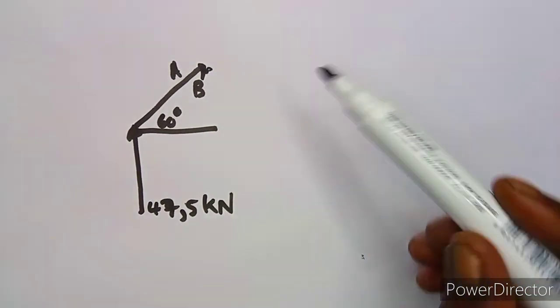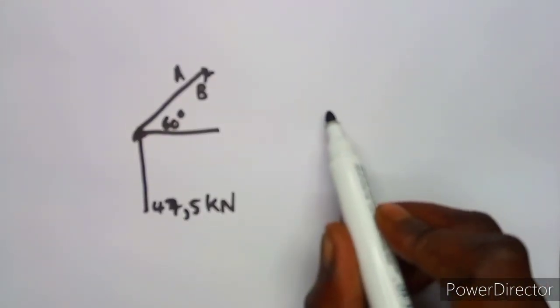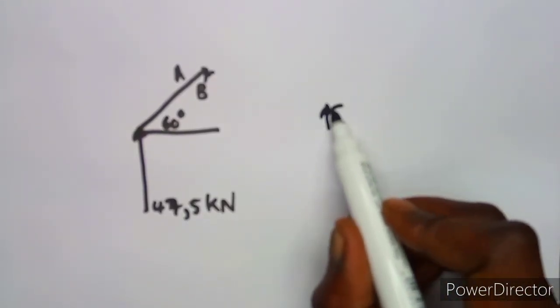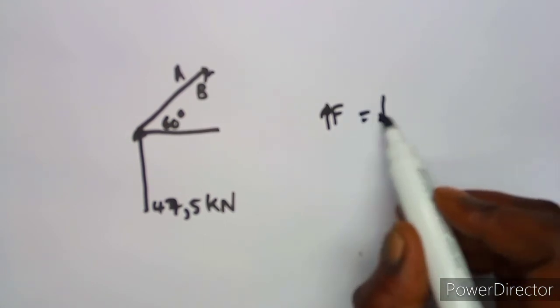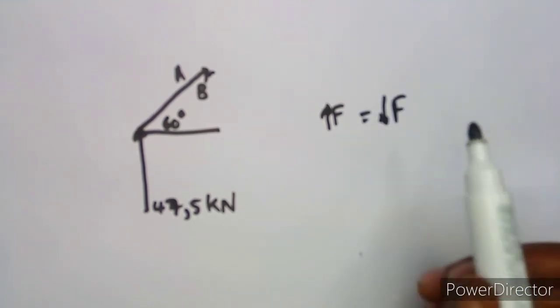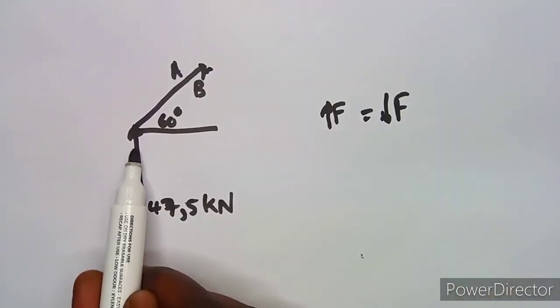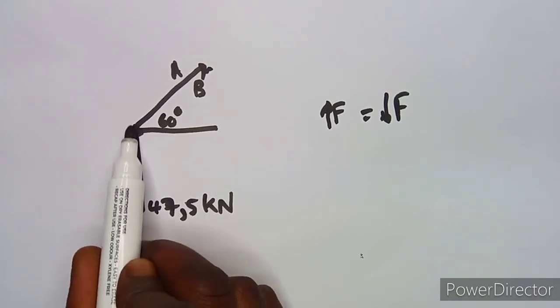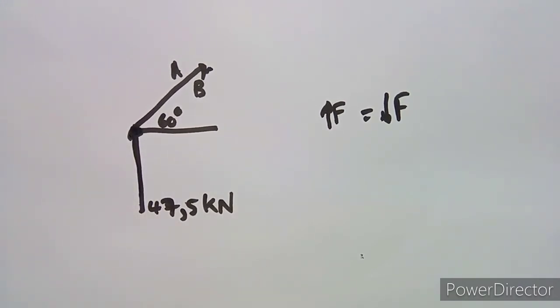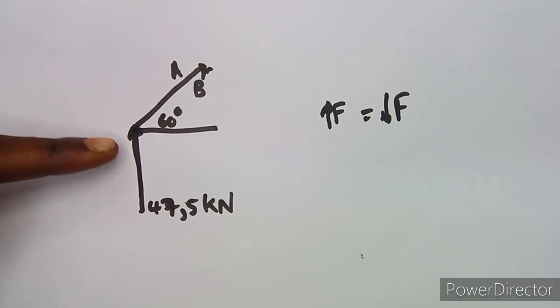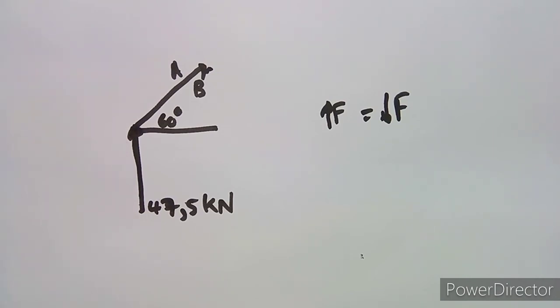Remember, the vertical part is the one that gives us upward forces equal to the downward forces. Remember the concept. So in this case, this is the one that is going up. As you can see, it's pointing up. So don't mind the issue of the forces being positive or negative. Just take it as it is.